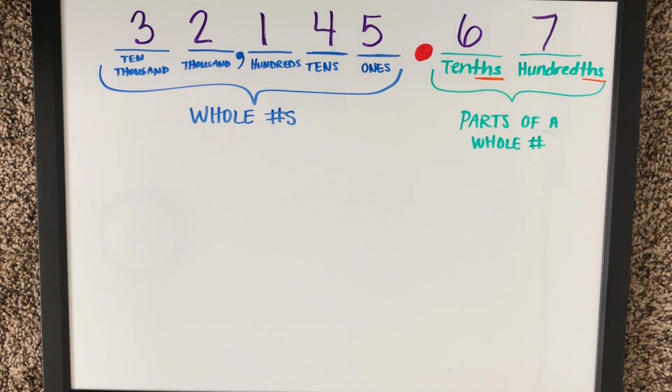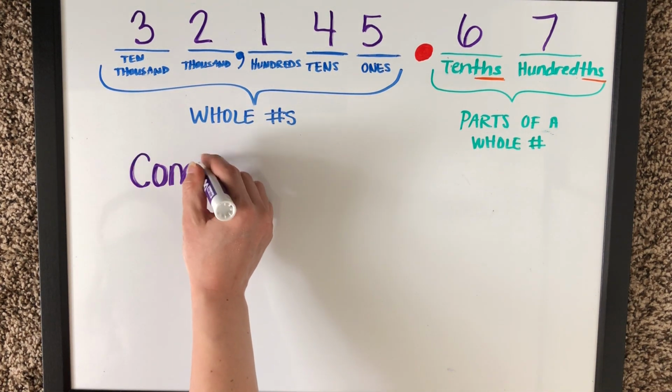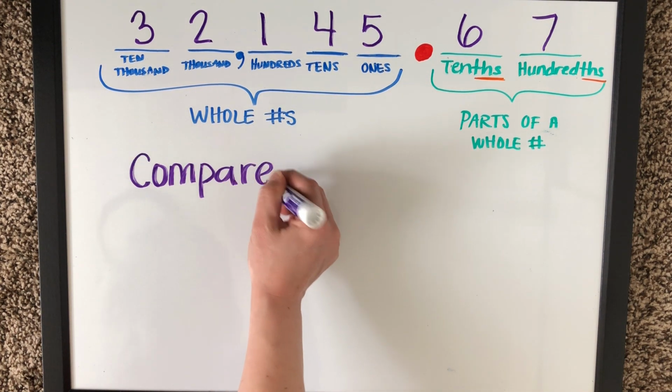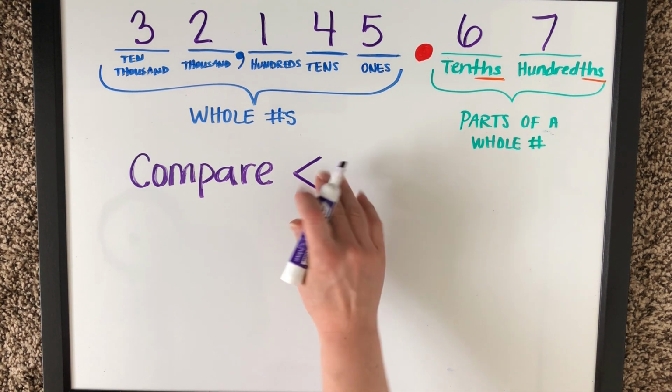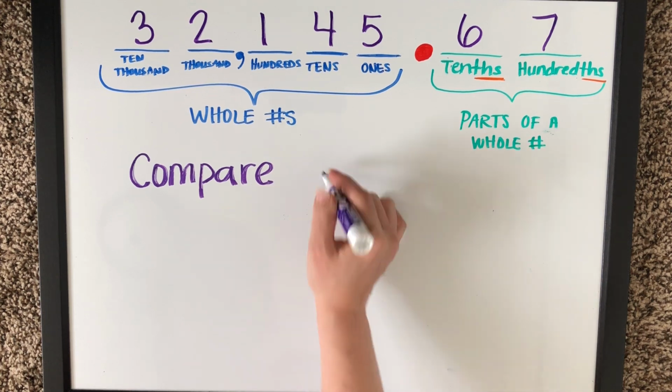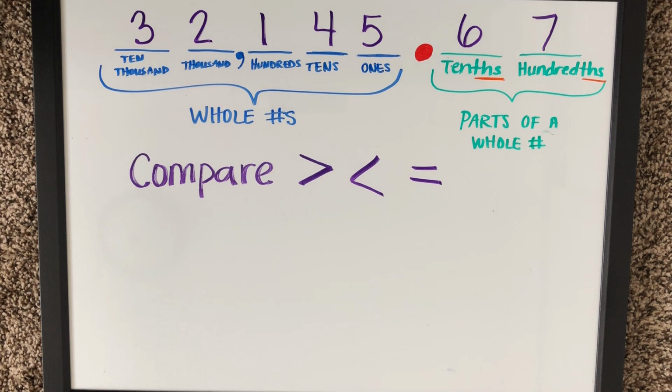When we are comparing decimals, we always use three symbols. We compare with greater than, less than, or equal to.